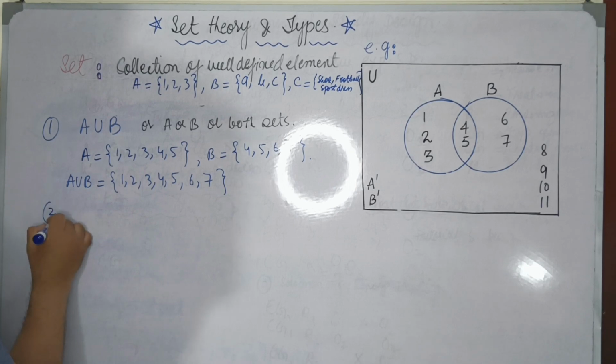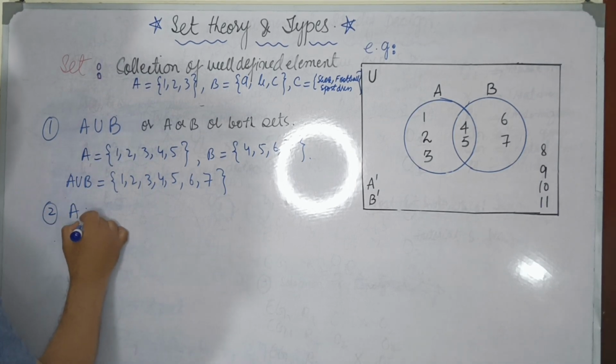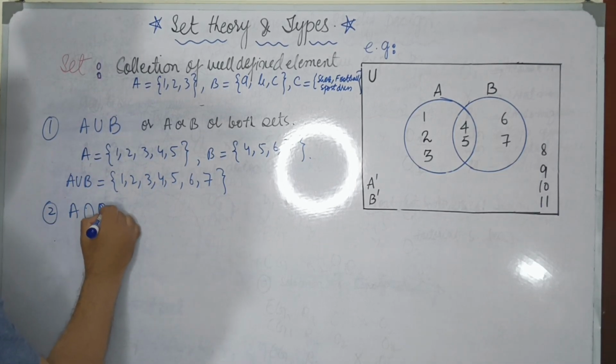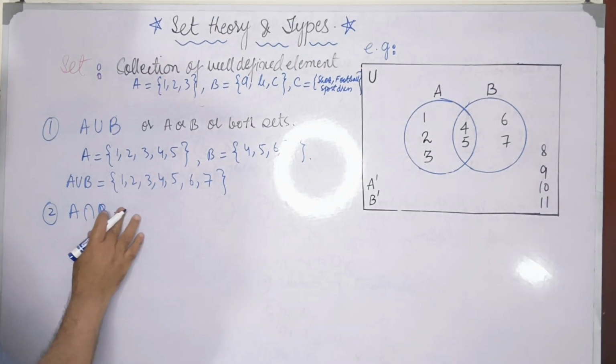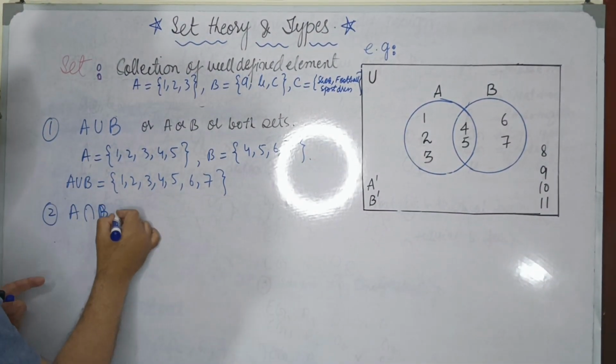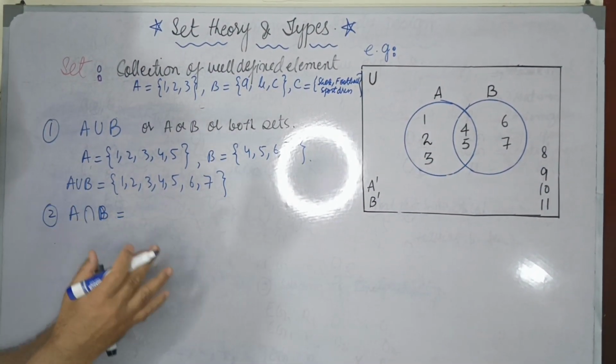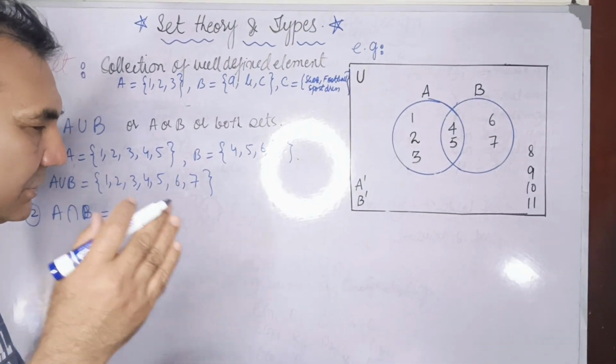Now the second one, we will write down the A intersection B set. First, what is the meaning of A intersection B?